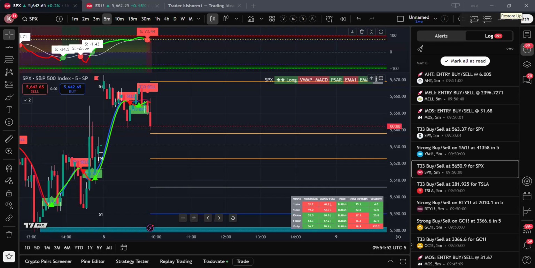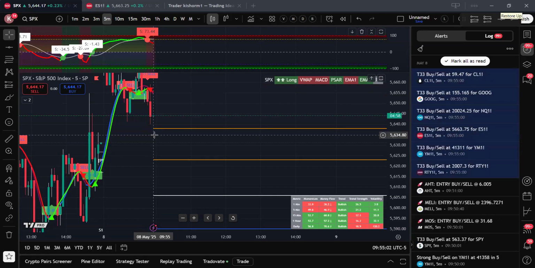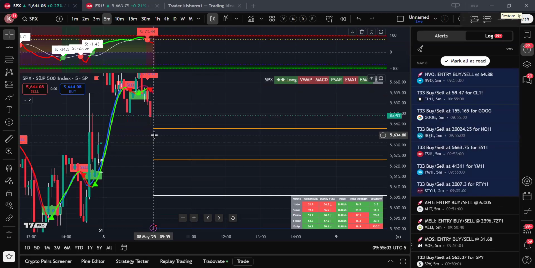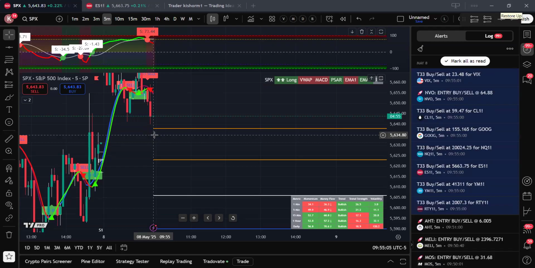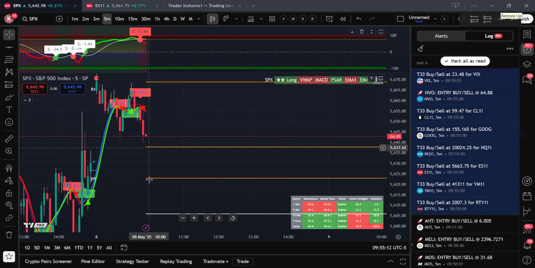SPX is dropping. 10-point drop on SPX. If it breaks this level, it will come to this point.